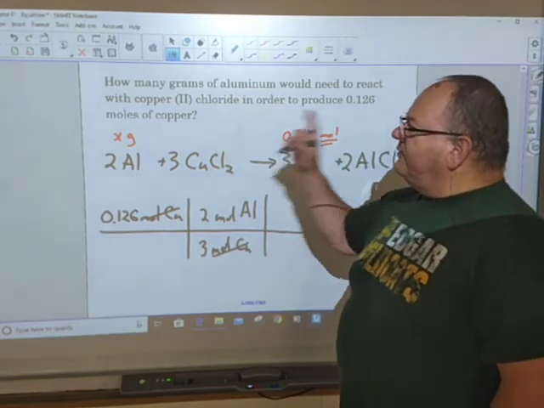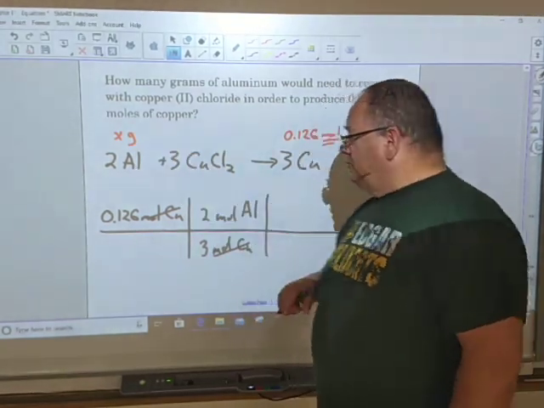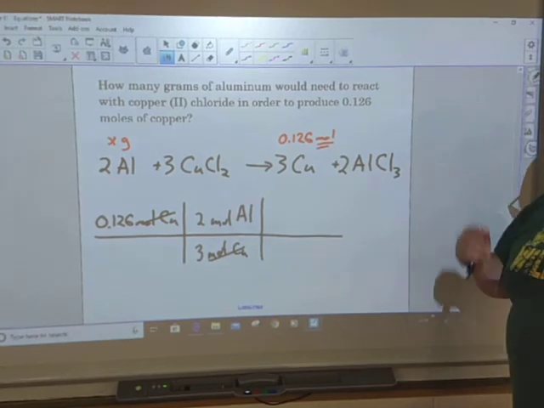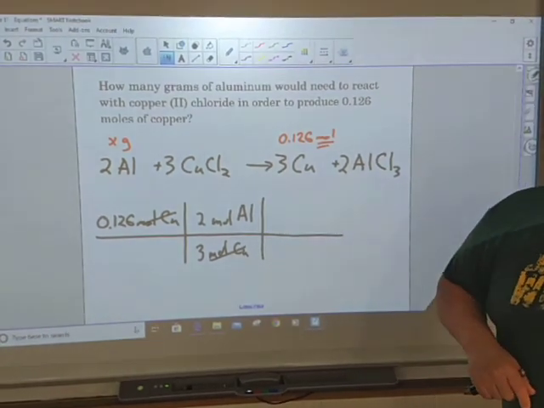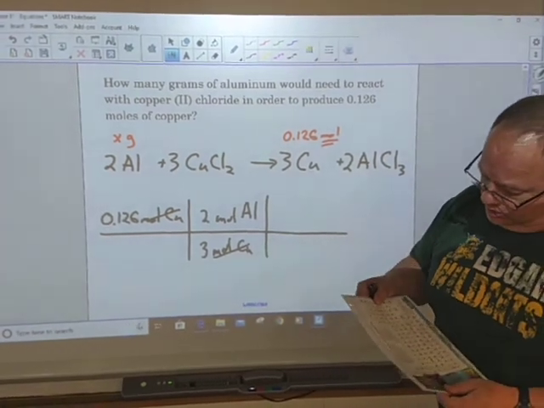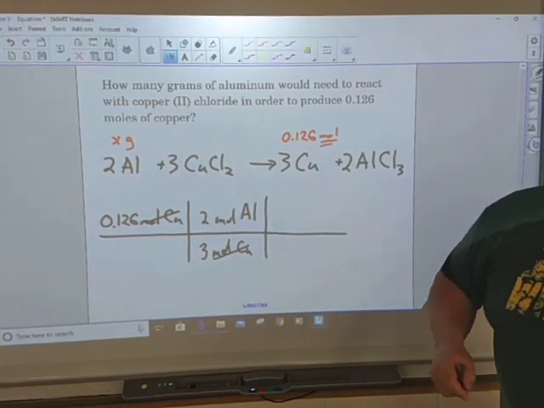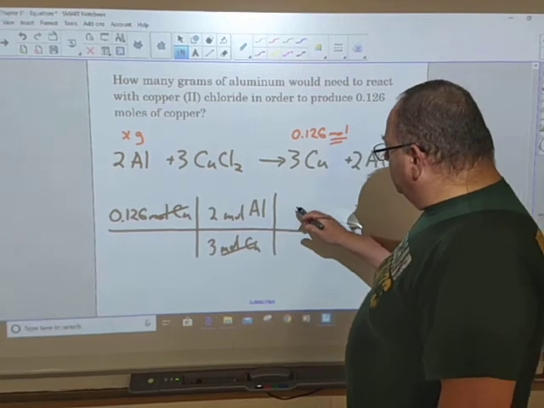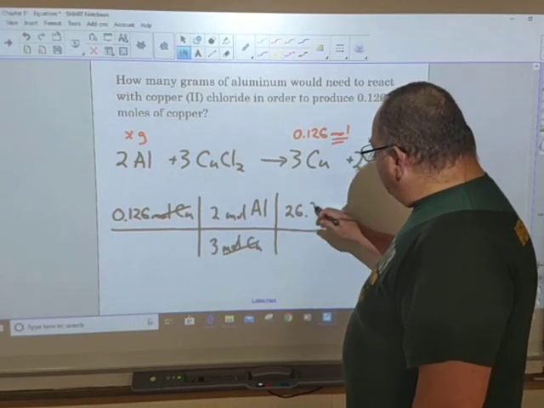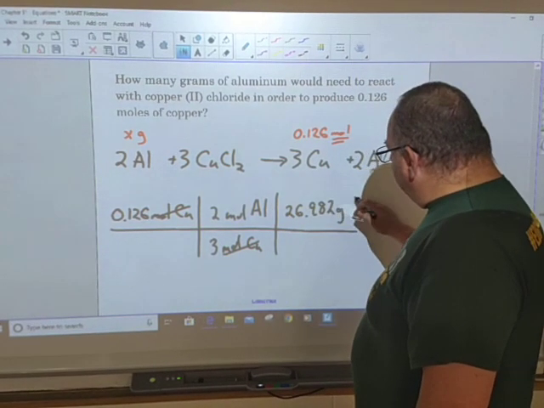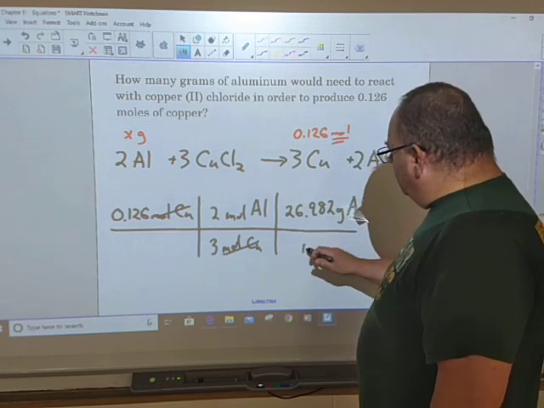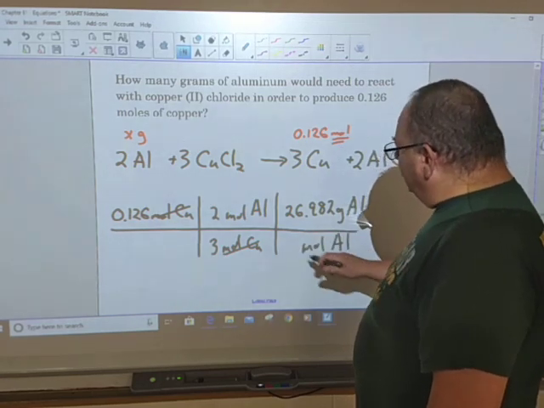Okay. Now, for the final answer, I was asking for mass, so I do have to do that conversion. And I look up aluminum on my table, and aluminum is 26.982 grams of aluminum per mole of aluminum.